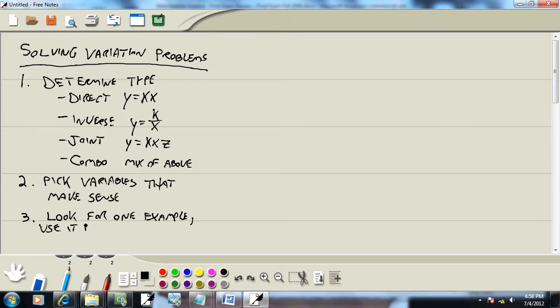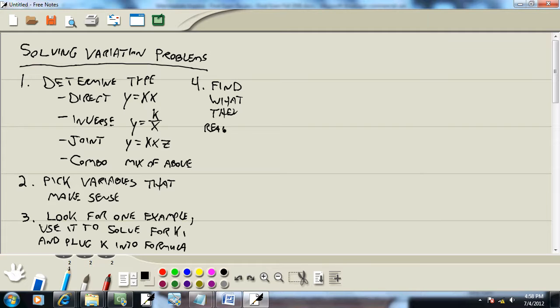Use it to solve for k, and plug k into your formula. And then step 4, find what they really want.